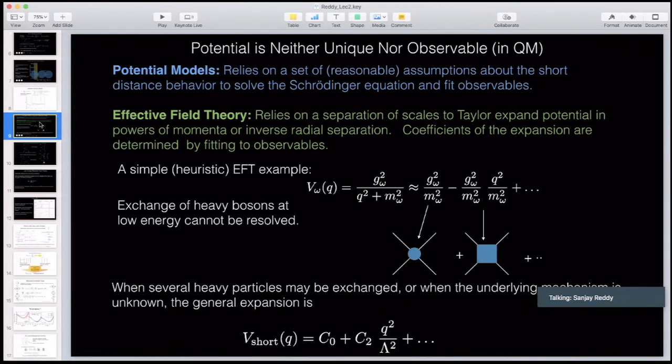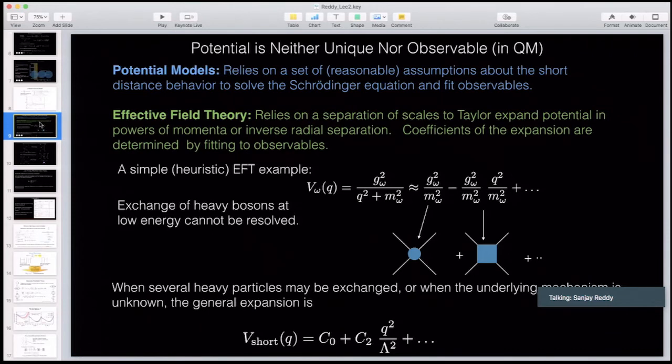You could just say, let's think about a short distance potential which is an expansion very similar to this, what we had for the omega meson exchange, but one in which we have some general coefficients, C0, C2, etc. And there is a scale that's associated with heavy particles, which we'll just call lambda.